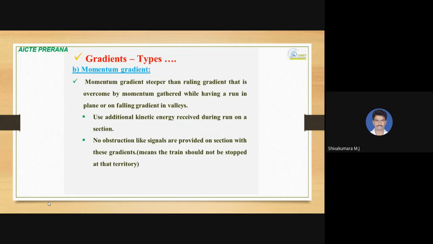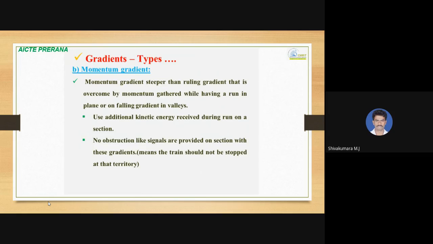In such cases, a locomotive is going to attain certain kinetic energy. We are going to use the additional kinetic energy which is received during the run on a section. And no obstruction like signals are provided on the section with these gradients. So such things are not acceptable when momentum gradient is provided. Means the train should not be stopped at the territory of momentum gradient.